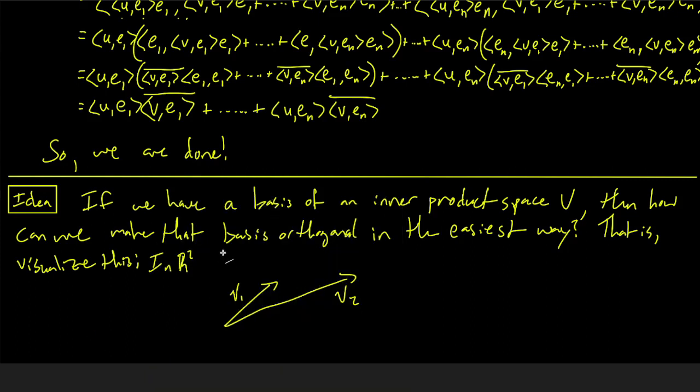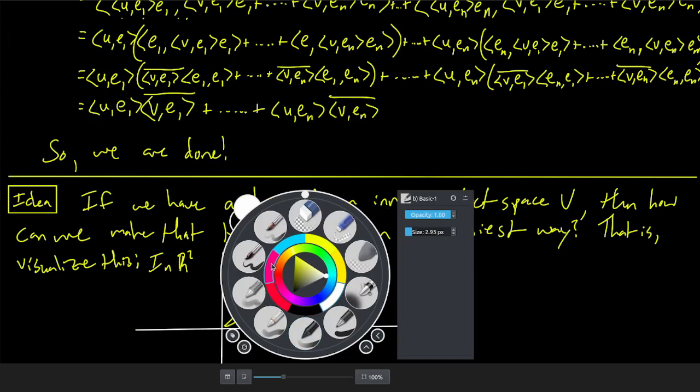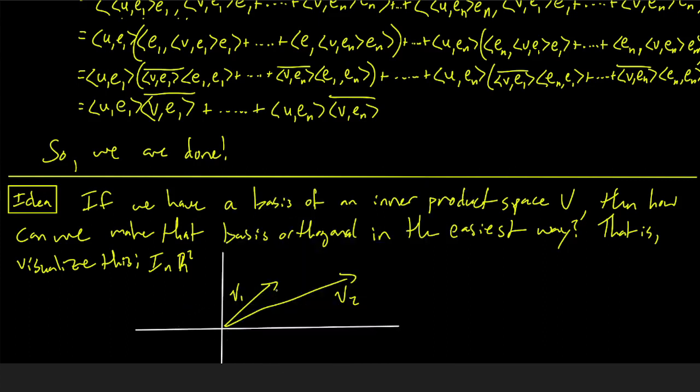Let me draw a nice couple of axes to make everything look smooth. Here's the trick that we're going to employ. The essential idea is that we'll say, V1 right here is fine, basically. We don't have to do anything too fancy to V1. We can just leave it alone.